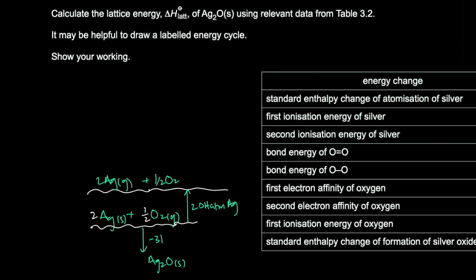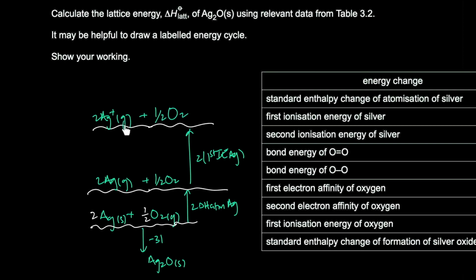Then we have 2 times the first ionization energy of silver, so we end up making gaseous silver ions. We have 2 Ag plus gaseous, and then half O2.